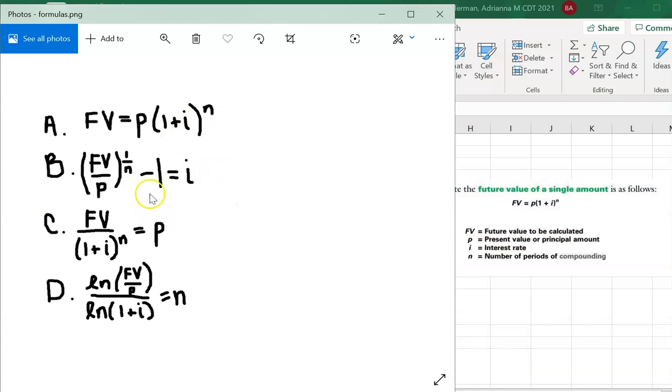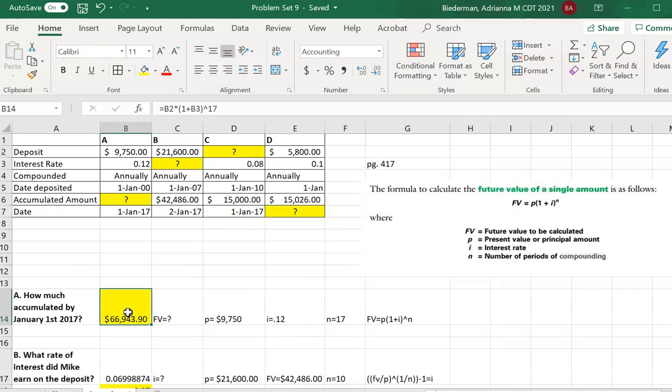This one's not as complicated, but as you can see, they get a little more complicated later on. So for this one, it's similar to what we have over here, just future value equals the original amount multiplied by 1 plus the interest raised to the amount of years that you've put it away for. So this one's simple plug and chug.